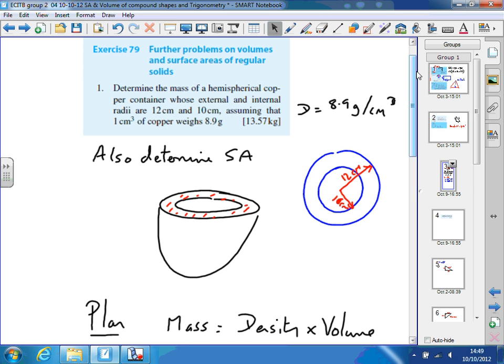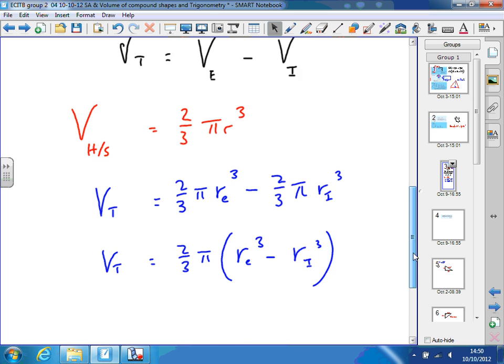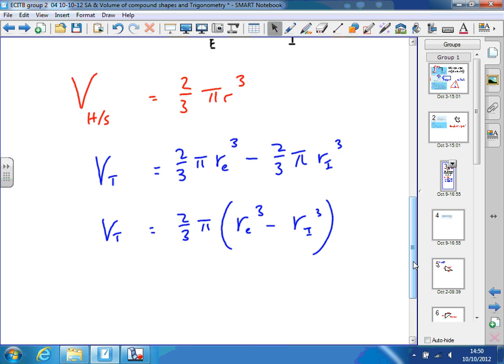You've got a shape that you're going to find the surface area and volume of. So you draw it. You put on the measurements. You write down what you're going to do, the plan of action to find the surface area and the volume of this shape, and then you calculate it and give the answer to an appropriate accuracy at the end.